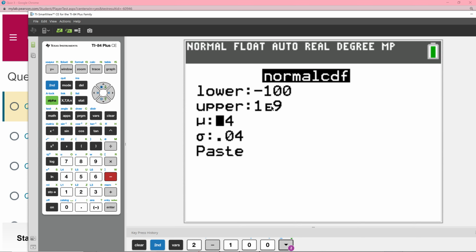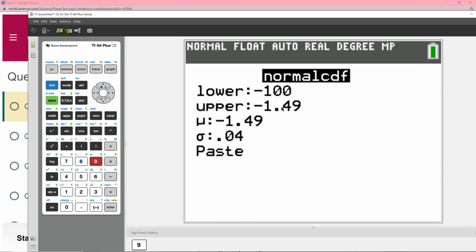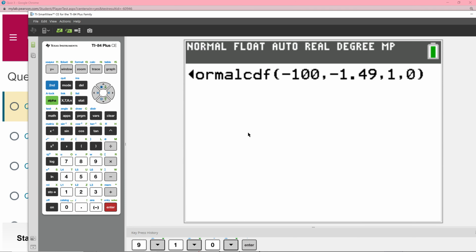This one was negative 1.49. Actually, let's go up one. Negative 1.49. Now, the mean is 0, the standard deviation is 1, because guess what? This is the standard normal bell-shaped curve.